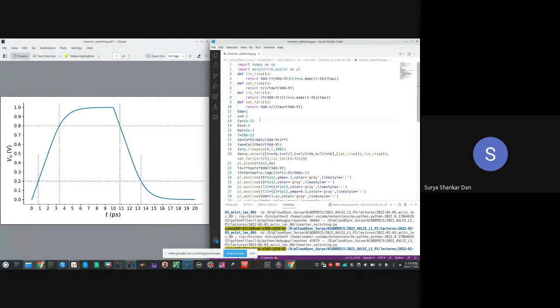That is similar to the ones we used in the previous few lectures. The output capacitance is 1 femtofarad. Threshold voltage is 0.5 volts. Beta is 1 milliampere per volt square, and the time period is 20 picoseconds. Using that, I'm plotting the situation only for one time period.